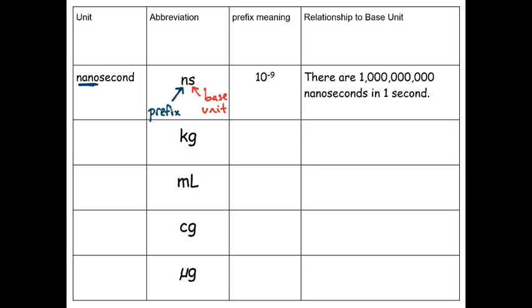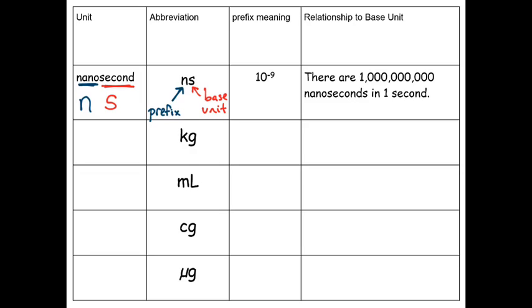In this case, it's S, and that's where the seconds comes from. So that's why we call it N for nano, S for seconds. It's kind of like translating the symbols. The first one is a prefix, the second one is the base unit.